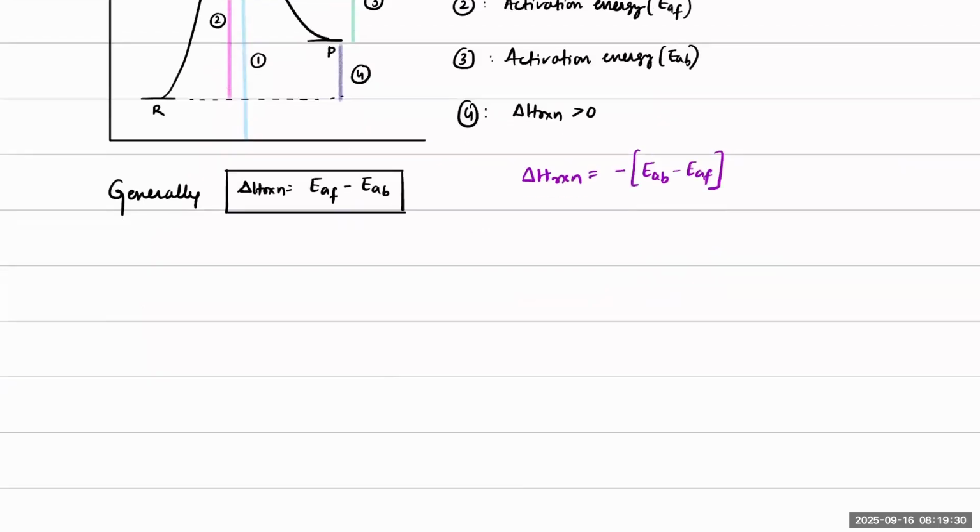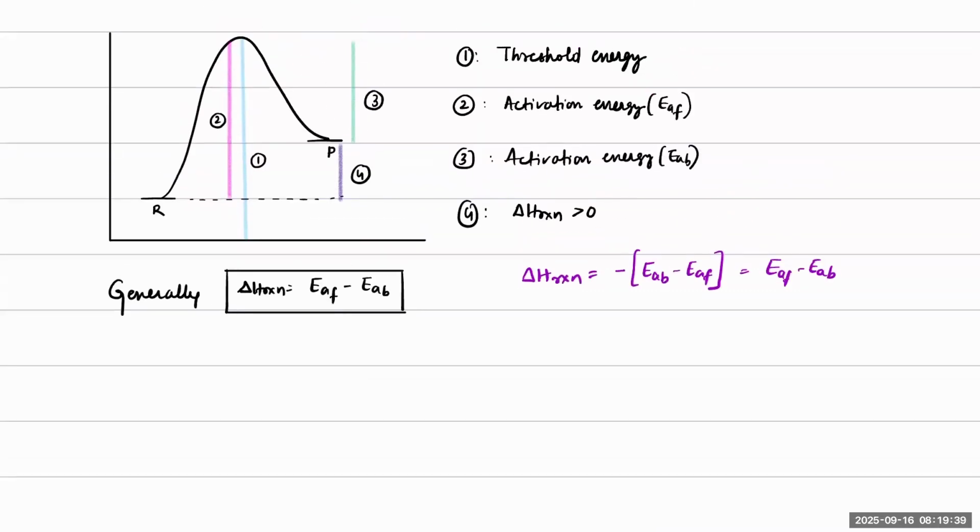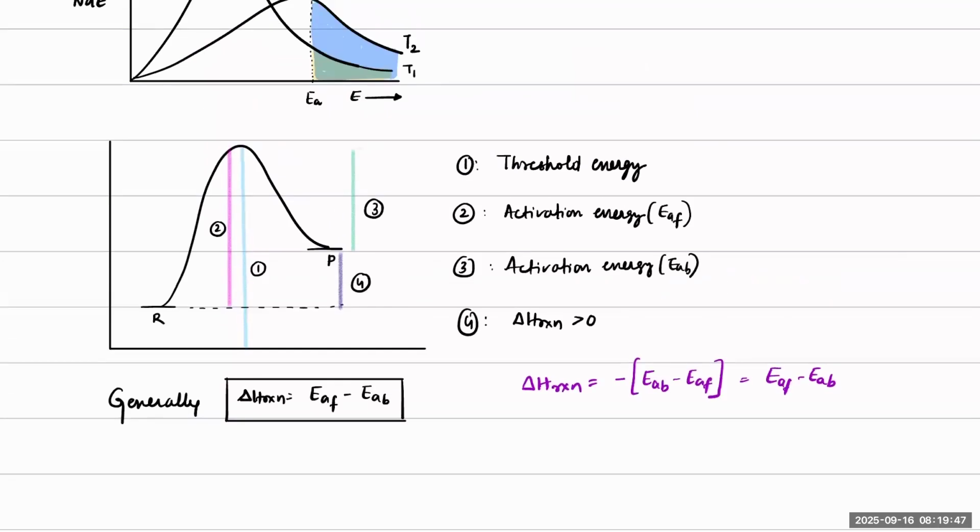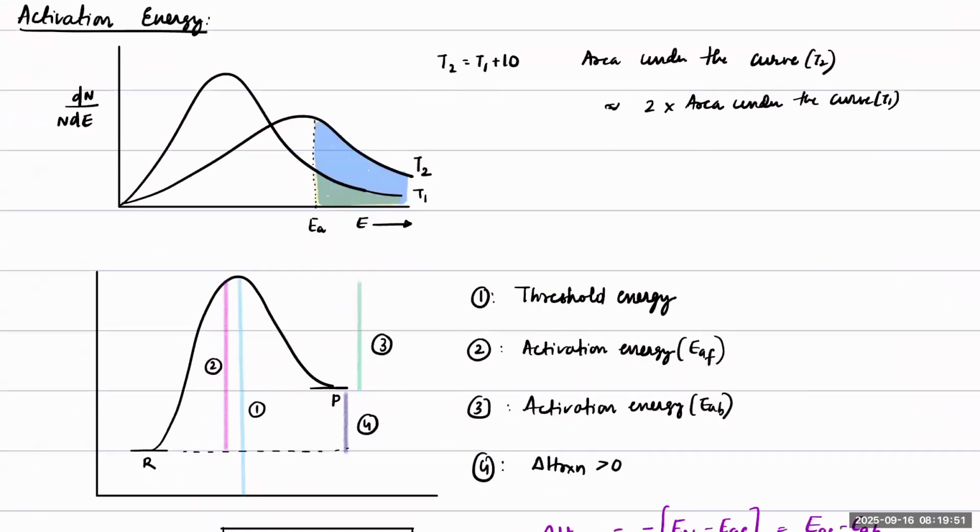Done, isn't it? So which means it is simply EA forward minus EA backward. This is how you can get it as positive value. Understood? Any doubt here? So these are the terms you need to learn from kinetics. Clear?